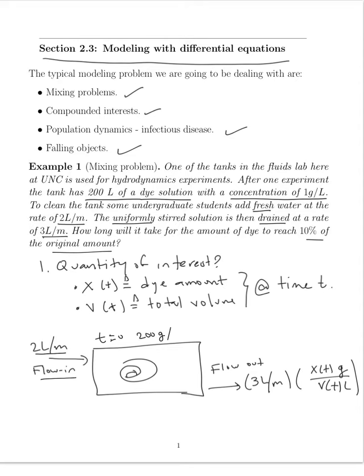And you have 3 liters per minute of the concentration flowing out after it's been uniformly mixed. And so really you expect that in those 3 liters you have the amount of dye x of t divided by the volume coming out. So we first need to know what the volume is here, right? So what is the volume? Is the first question that we want to answer.